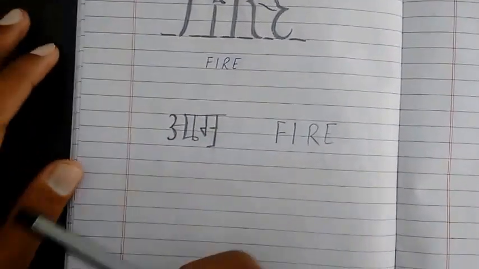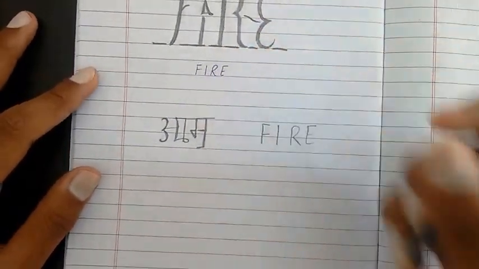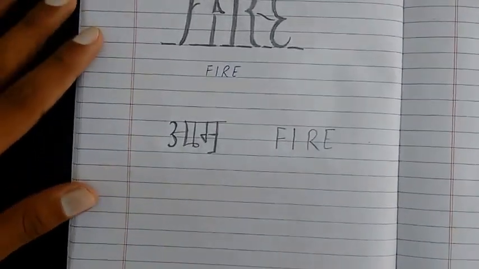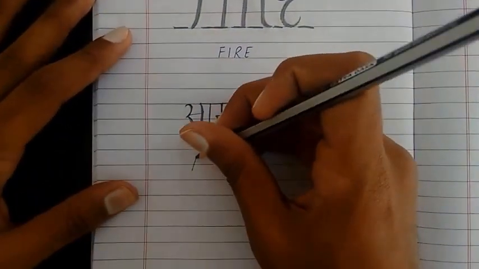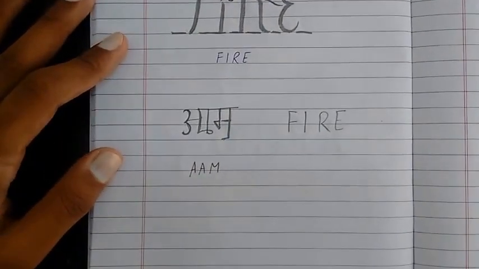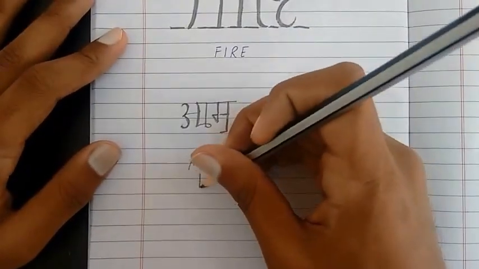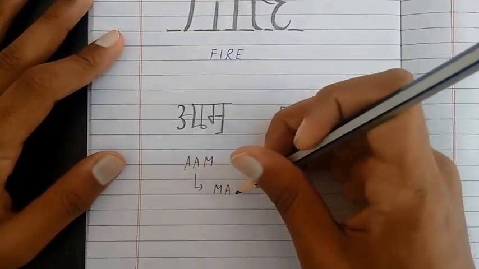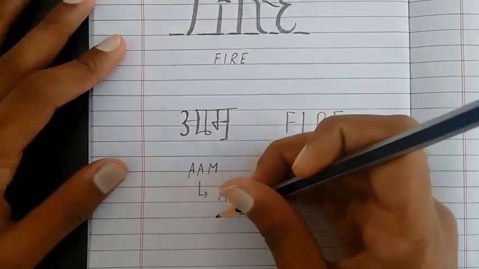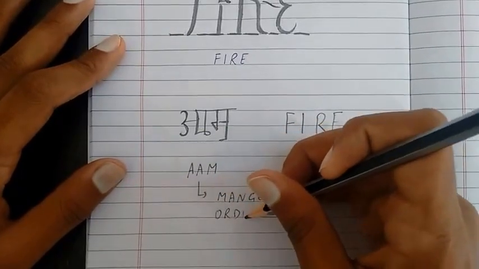Now when we flip it around, this is not aag. For those of you who cannot read Hindi, again, this word is pronounced aam. In Hindi, that means mango or ordinary.